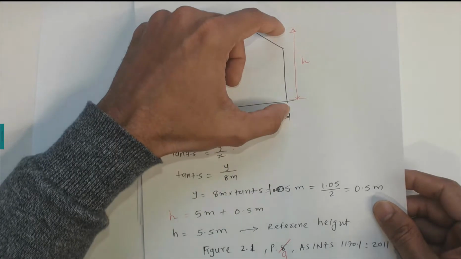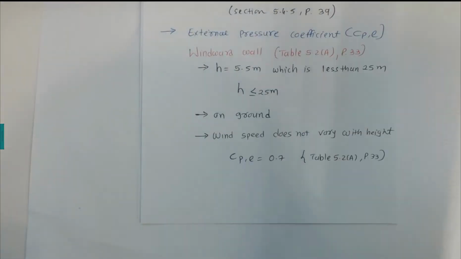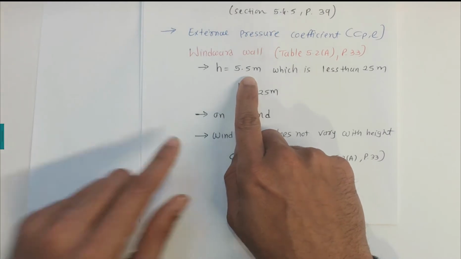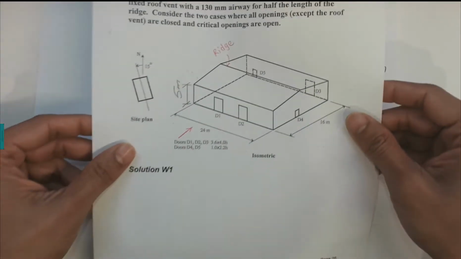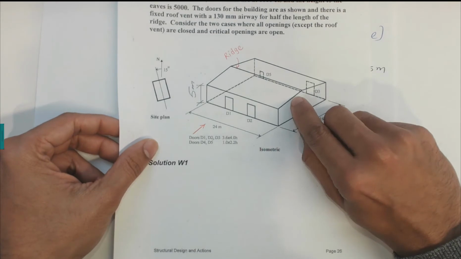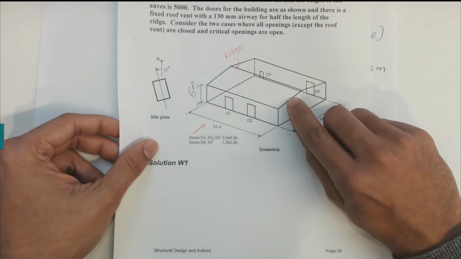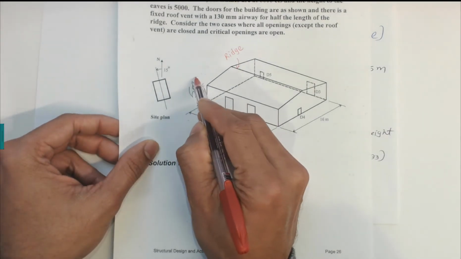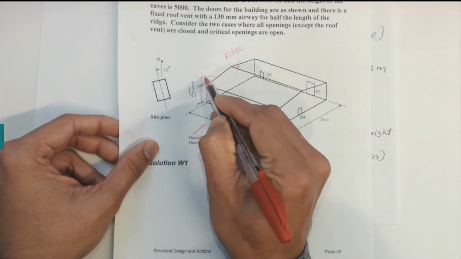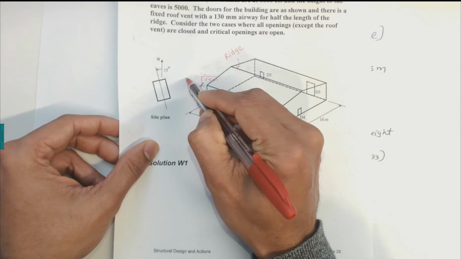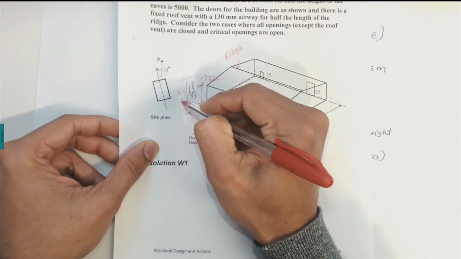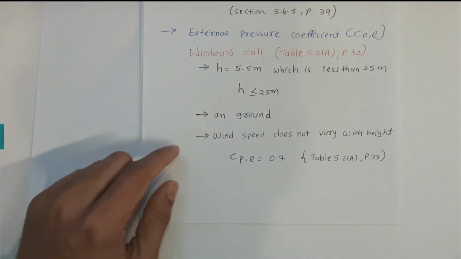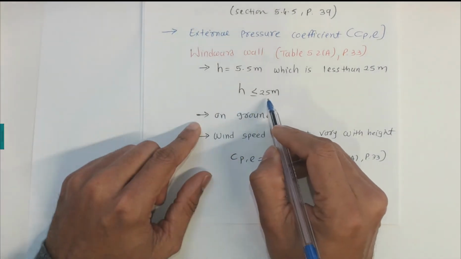Using this 5.5 meters building height, that is actually this 5 meters, and we calculated this 0.5 meters from here. So the total height is 5.5 meters. That's the building height, and that falls less than 25 meters.